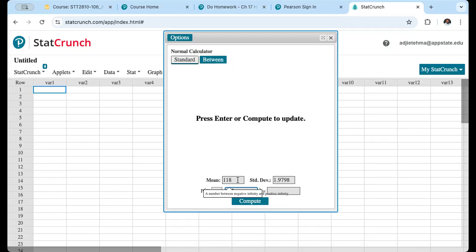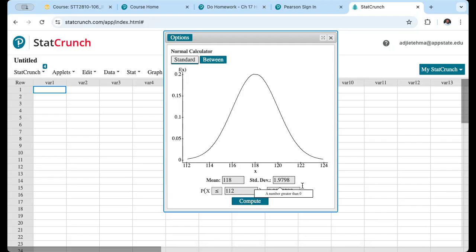The standard deviation is equal to the population standard deviation divided by the square root of the sample size. So that is what you have to put here. And then you hit compute. When you hit compute, this is the answer, 0.0012203.